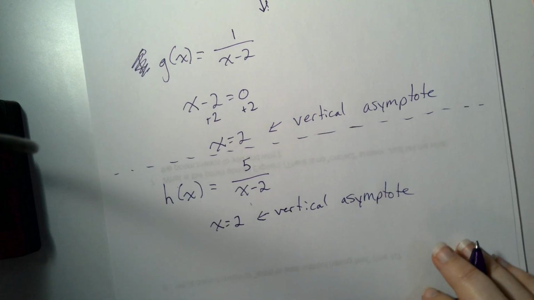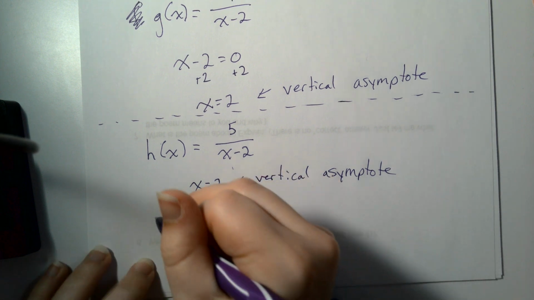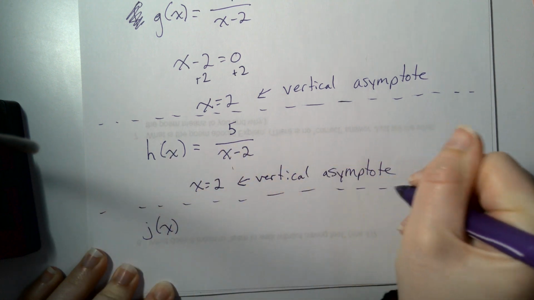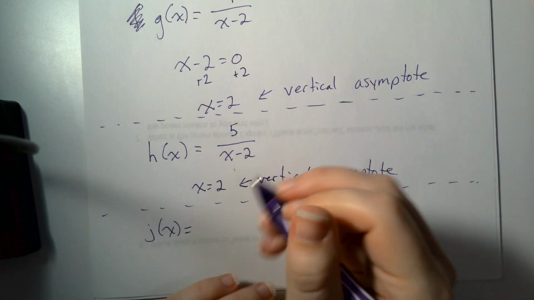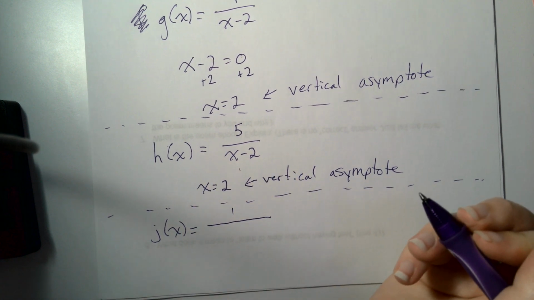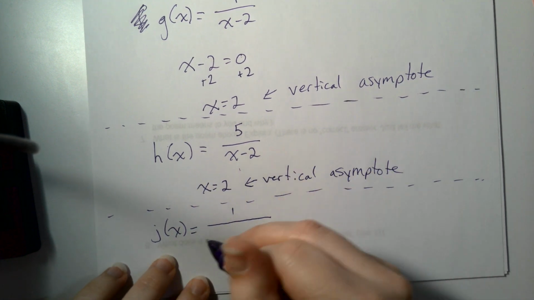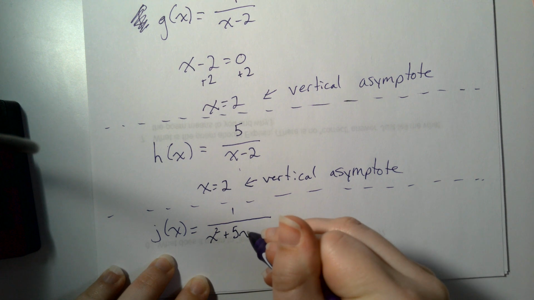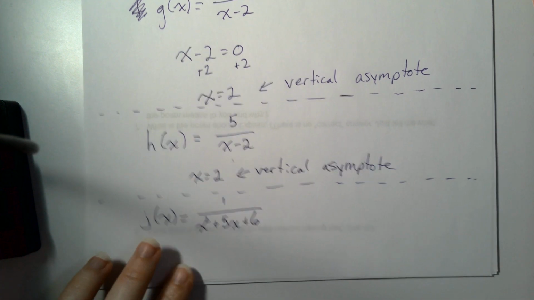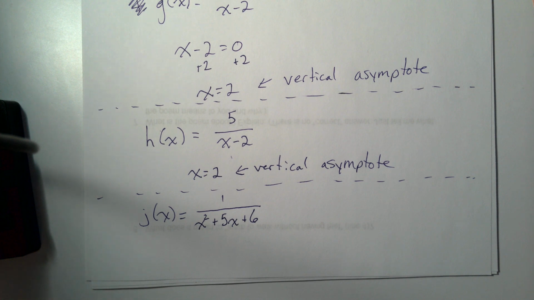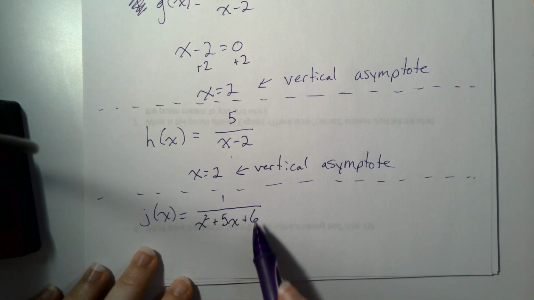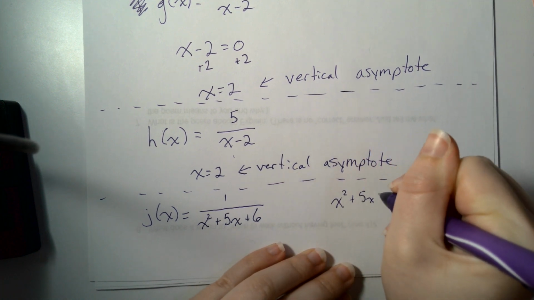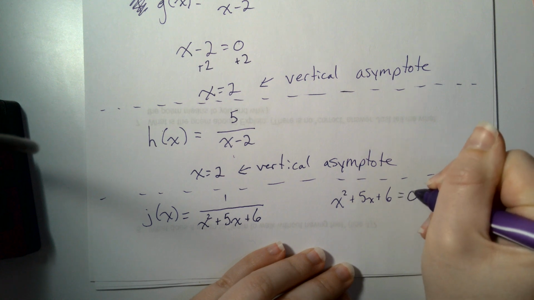All right, now let's try something a little trickier. We'll say j of x equals 1 over x squared plus 5x plus 6. Still the same idea: we want to figure out what makes the bottom equal 0. So x squared plus 5x plus 6 equals 0, and you can just solve.